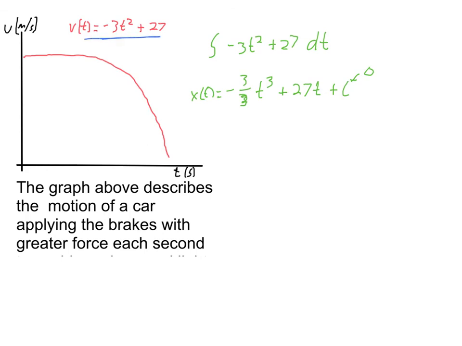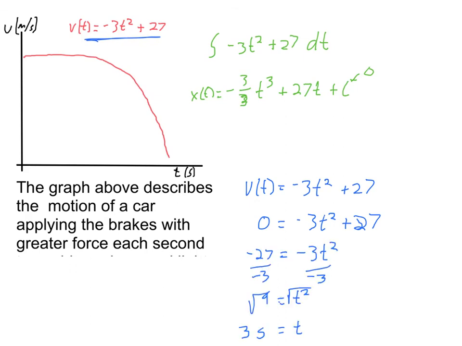Check out the velocity time function. Whenever his final velocity is 0, so v of t equals 0, negative 3t squared plus 27. Whenever his velocity is 0, that's when he stopped. And that will let me solve for the time. So let me go ahead and solve for that.